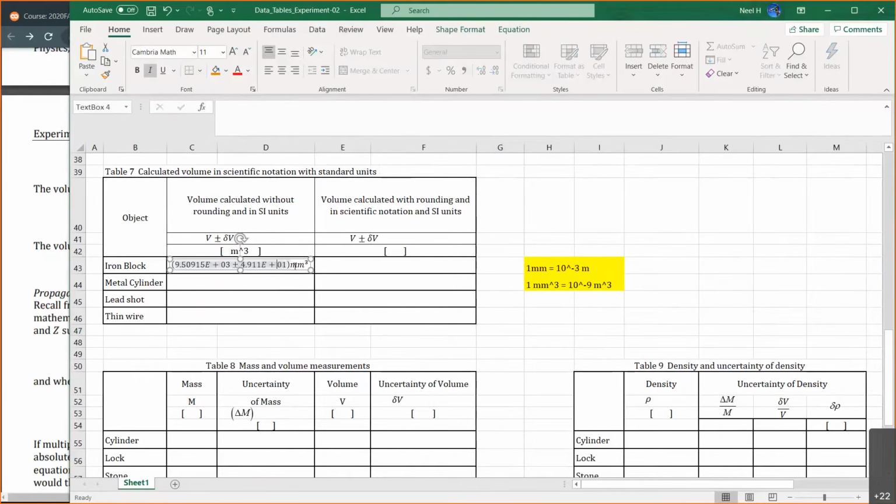Now that is my number in millimeter cubed, but that is not what I needed. I need the meter cubed, right? Which means I have to go here and then multiply this number by 10 to the negative 9. Power 10 to the negative 9, then you will get this in meter cubed, or you can multiply, or you can just say E minus 9.